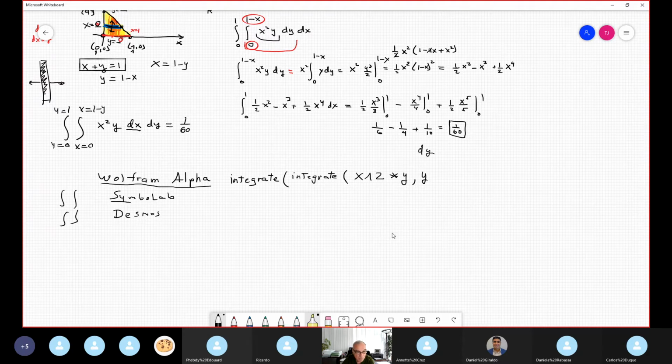In Symbolab or Desmos, it's closer to the paper: you put dy, dx, something like that. But in Wolfram Alpha, no. You always copy the lower limit first, which is 0, and the upper limit second, which is 1 minus x.